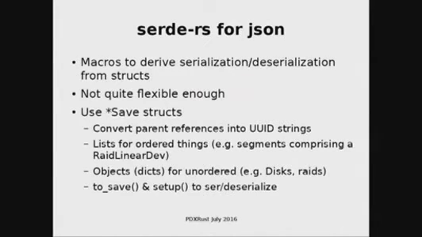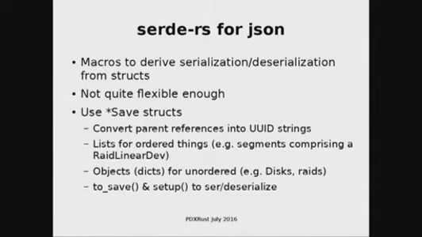So what Froyo does is it has a second kind of set of mirror structs for each of the things that we want to save to JSON that you can convert to that don't have those loops in them. Instead of having a parent pointer, you might keep track of the parent's UUID.